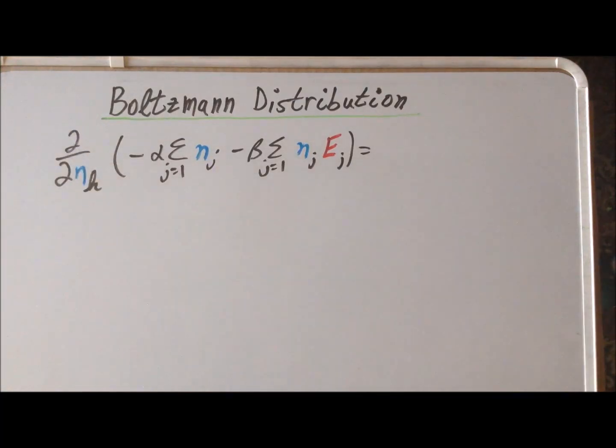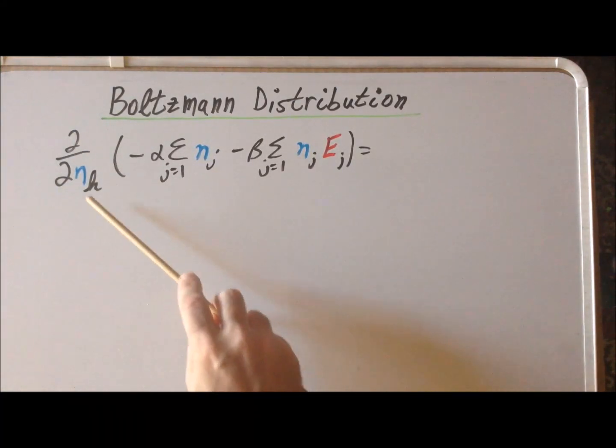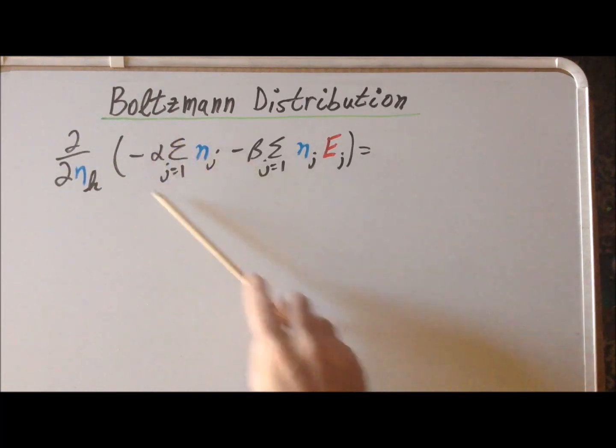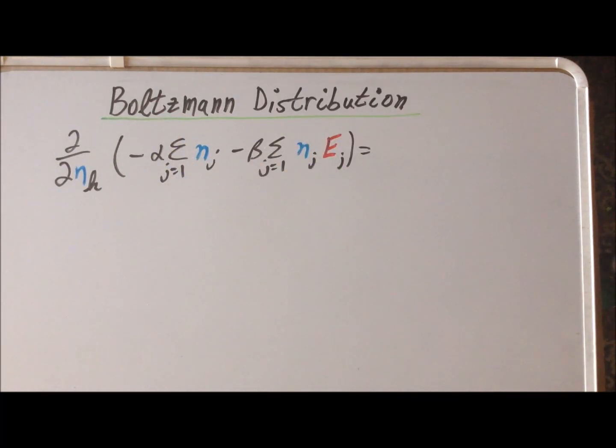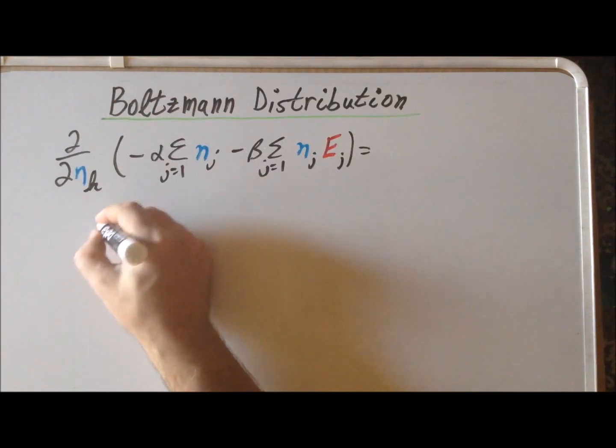That's the nature of partial derivatives. So the effect of taking these partial derivatives for the second and third terms is that we are going to get rid of the summation sign. So the derivative of n sub j with respect to n sub k, if j and k are equal, is simply equal to 1. So we have a constant times 1, so that's going to give us minus alpha.